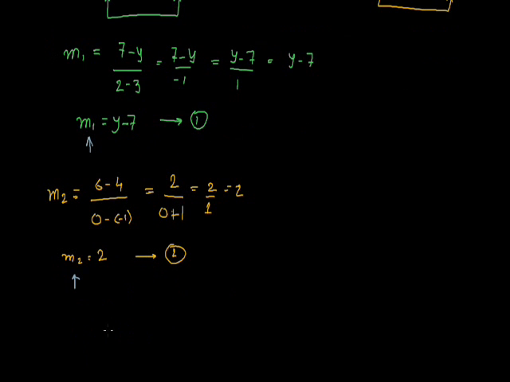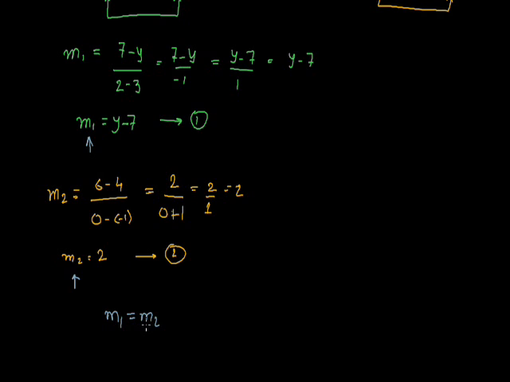So what I will do, I can equate the slope of these two lines with each other. Since we have the condition of two lines to be parallel as m1 is equal to m2, where m1 represents the slope of line 1 and m2 represents the slope of line 2. And since both the lines are parallel, I can say that m1 is equal to m2.